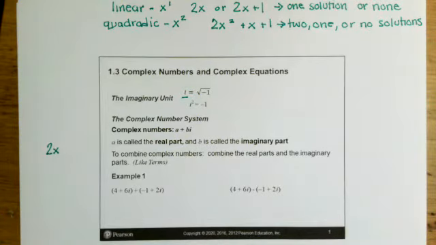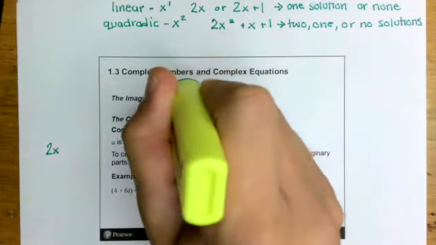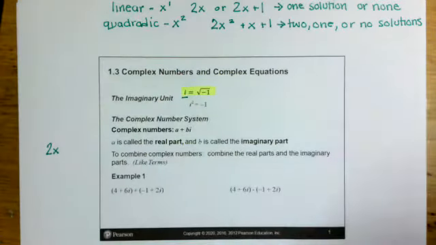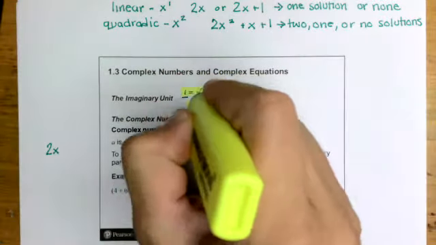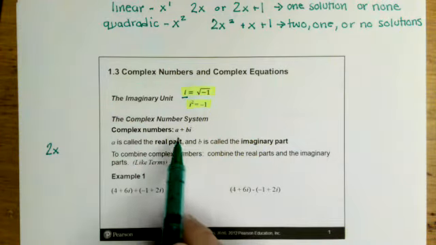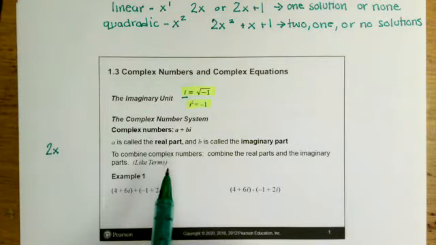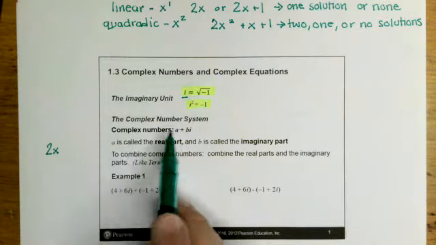Here is what you need to know when working with complex numbers. i is equal to the square root of -1, so i squared is equal to -1. The imaginary unit grouped with a real number is called the complex number system.